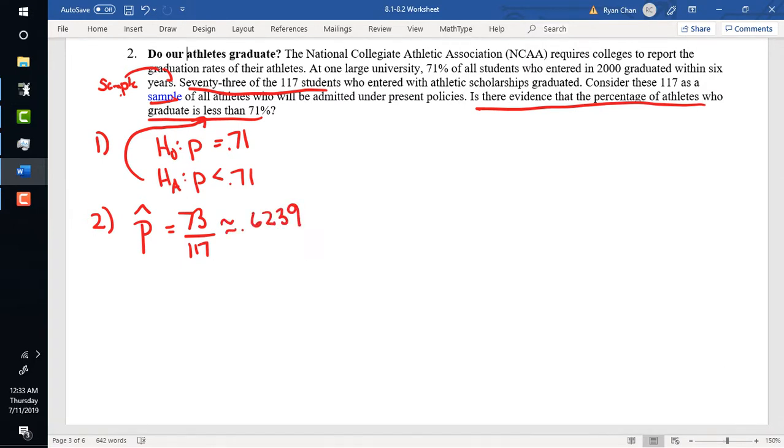Okay, I'm going to go 4 places out. And then remember, I need to also find my standard error. So square root of P, 1 minus P over N, or in our case, square root of 0.71 times 1 minus 0.71, divided by 117.